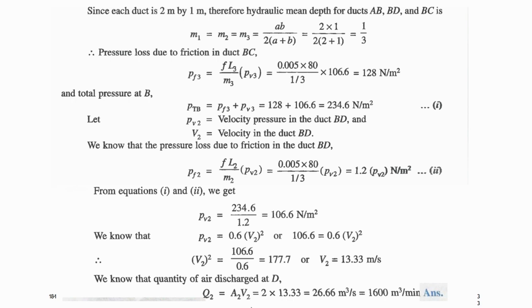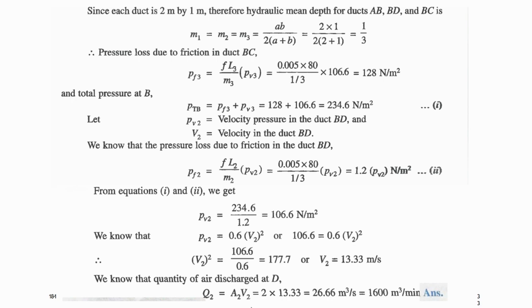Then the total pressure at B is PF3 plus PV3, so 128 plus 106.6, which is 234.6 Newton per meter square. PV2 is the velocity pressure at duct BD and V2 is the velocity in duct BD. The pressure loss due to friction in duct BD, PF2, is equal to F L2 upon M2 PV2.